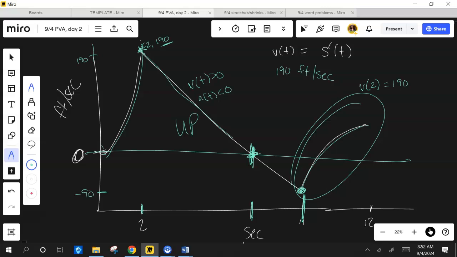Okay, now we have to start being a little bit more intuitive. When was the acceleration the greatest and when was it constant? I'm talking about slopes here, right? When was it the greatest acceleration?